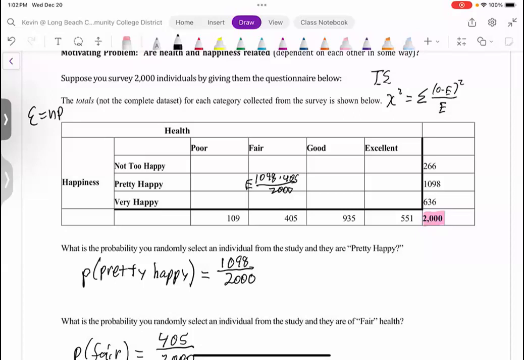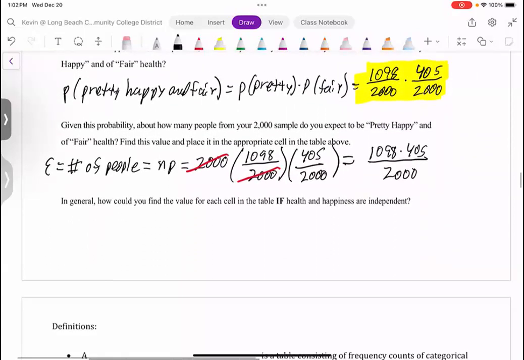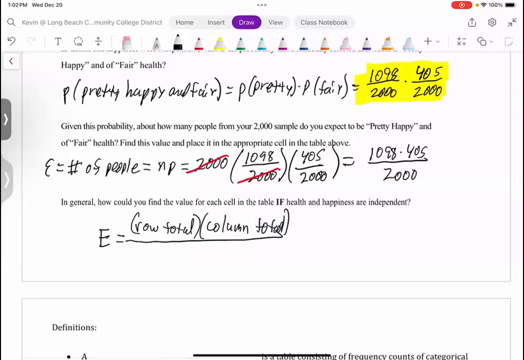And we're going to have to do that for every single one of these categories, this 3x4 setup here. So let's generalize this. In general, we would say that the expected value is the row total times the column total over the grand total.